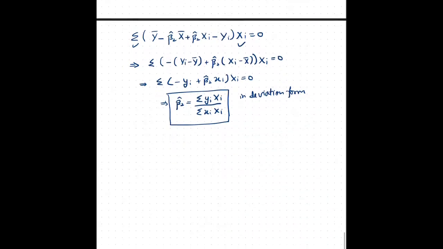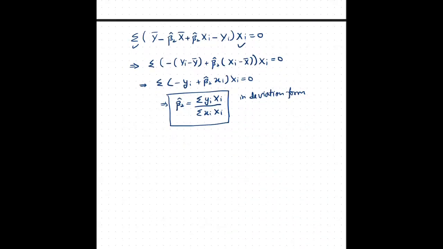In today's lecture we have seen the method of OLS and how to find beta 1 hat and beta 2 hat such that summation ui hat square is minimized, that is the method of ordinary least squares, and along with that we have also seen how to find beta 1 hat and beta 2 hat in deviation form.